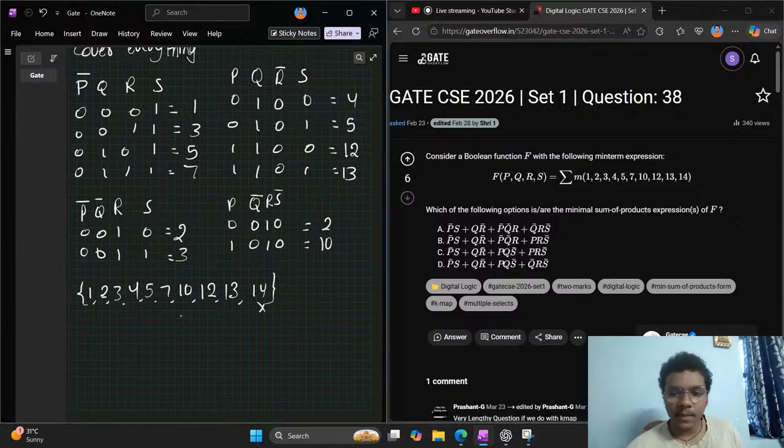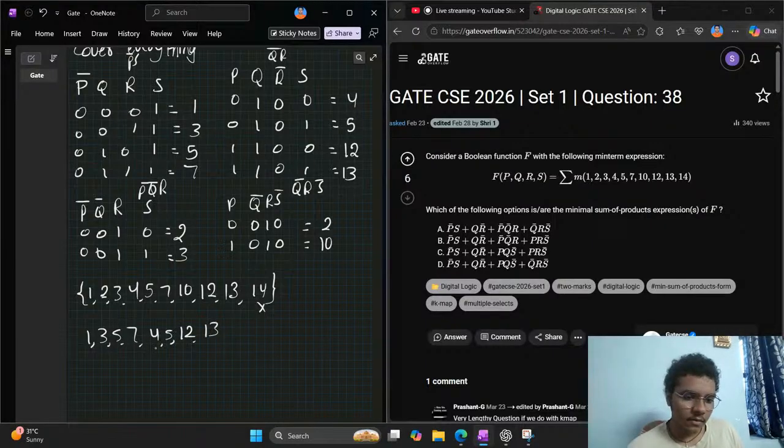So you have P bar S, P bar S, QR bar, P bar Q bar R, Q bar R S bar. So P bar S is going to be 1, 3, 5, 7, and Q R bar is going to be 4, 5, 12, 13. And P bar Q bar R is going to be 2, 3.